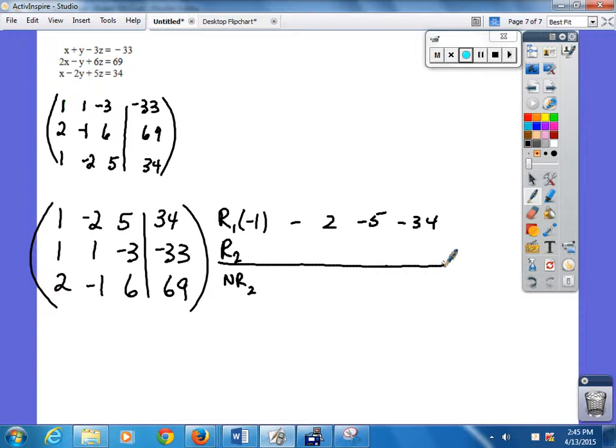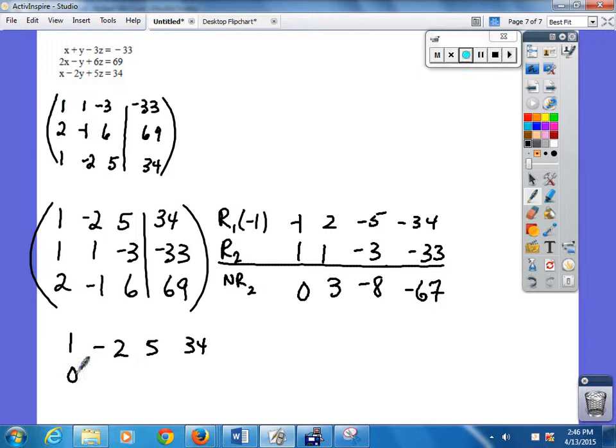Adding it to row 2, 1, 1, negative 3, negative 33, gives me 0, 3, negative 8, and negative 67. So the matrix is 1, negative 2, 5, 34; 0, 3, negative 8, negative 67; 2, negative 1, 6, and 69.